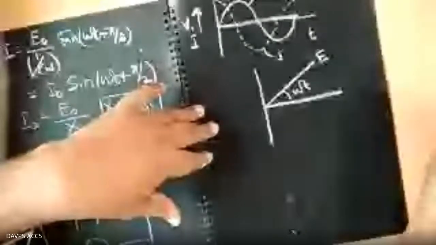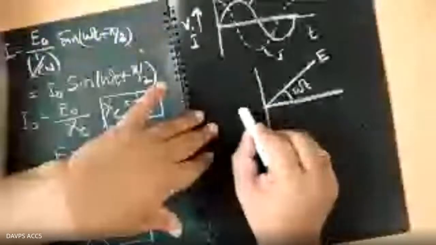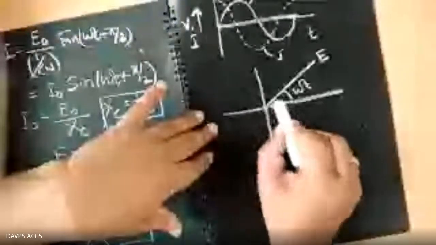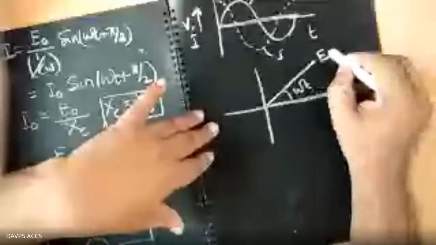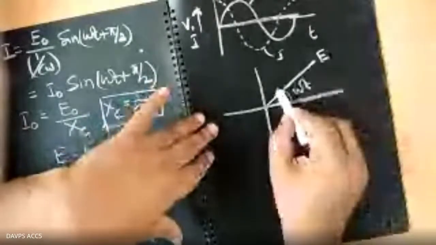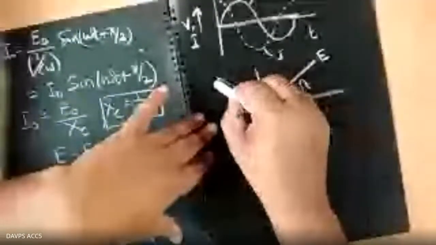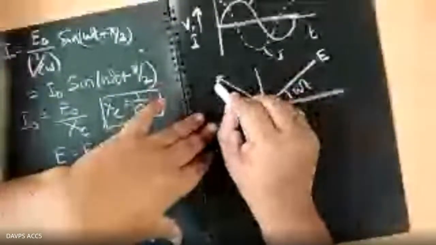Yes, sir. Do you understand clearly? Yes, sir. And E is here, equal to E naught sine omega t. You are supplying in this direction, and the current will be at 90 degrees. This is the current. Current is leading. This is the I.